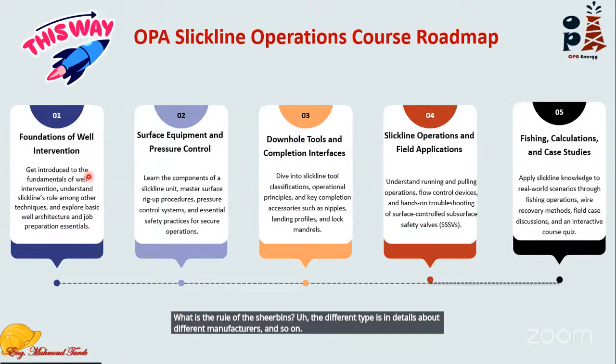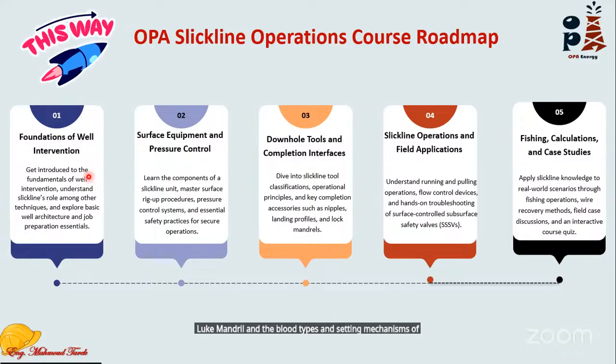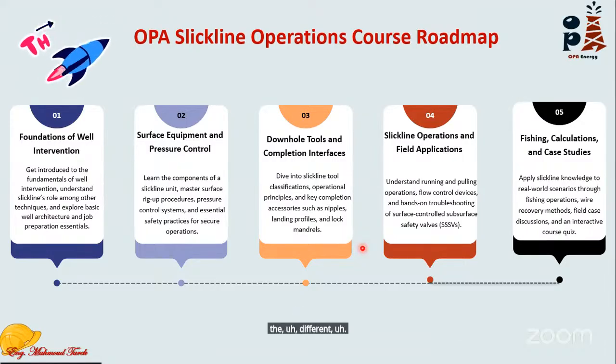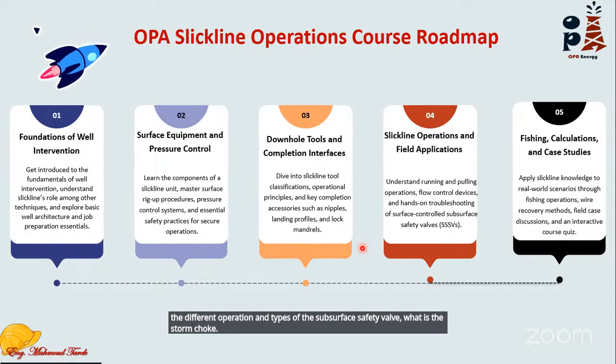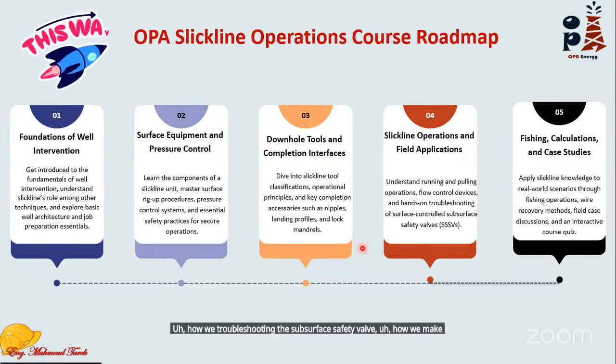The loop mandrel and the plug types and their setting mechanisms, and the types of nipples. On day 4, inshallah, we'll discuss the different operations and types of the subsurface safety valve, what the storm choke is, how we troubleshoot the subsurface safety valve, and how we do exercising and lockout, and so on.